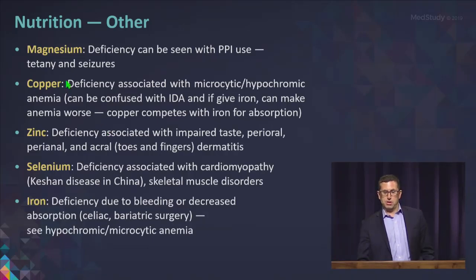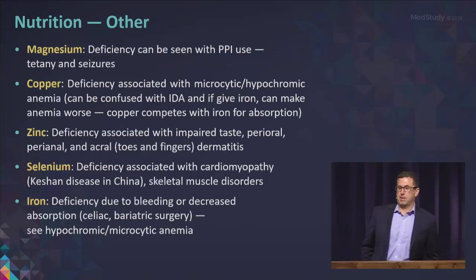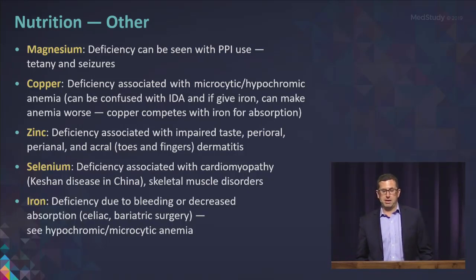Some other nutrition testable items would be magnesium. So magnesium deficiency can be seen in PPI use, and so that would be a good association on a test question. Magnesium deficiency is associated with tetany and seizures. Copper deficiency could be associated with microcytic hypochromic anemia, which could be confused with iron deficiency anemia.